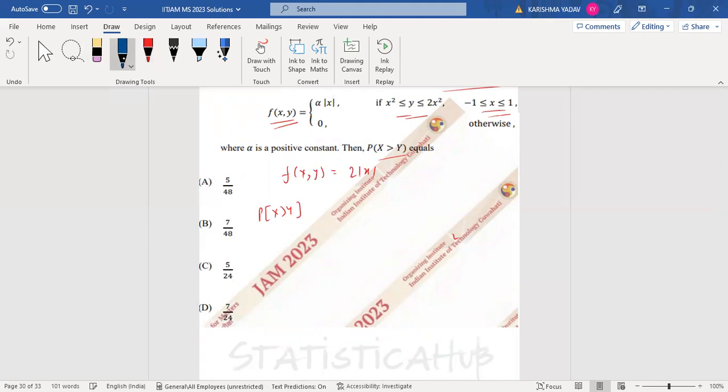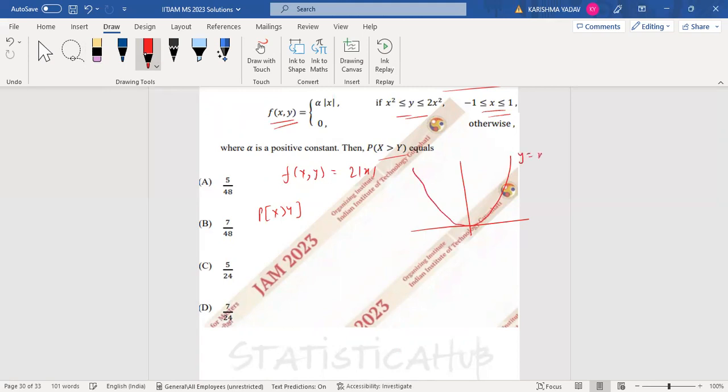What is this region actually? So what will be y equals to x square? Y equals to x square would be like this, right? I am not that good at drawing, so let's just bear with it.